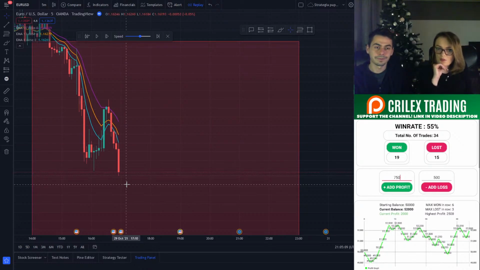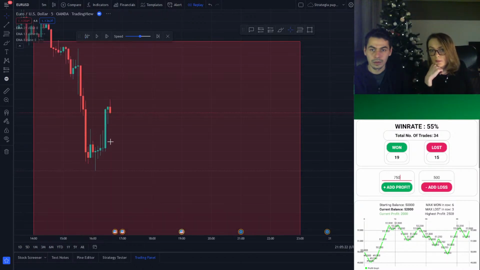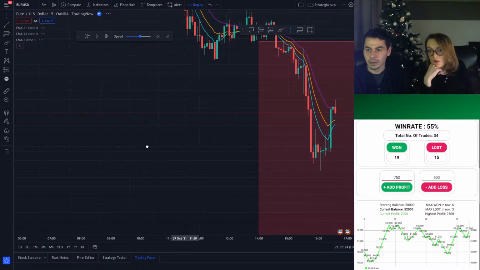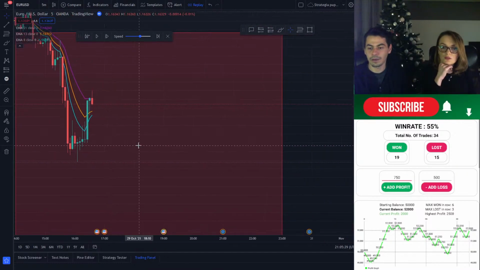What happened in real market? The 21 EMA? This one? The red one, yeah. No, it touched. Yes. It touched it, so it's an invalid trade.